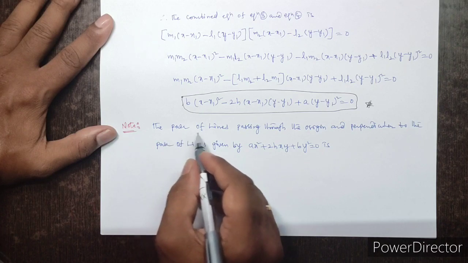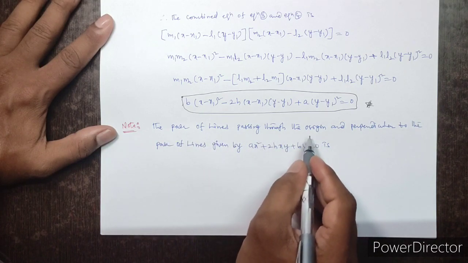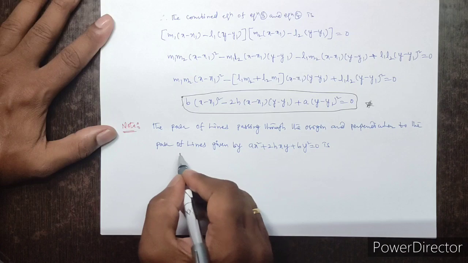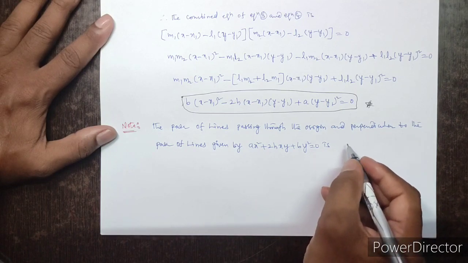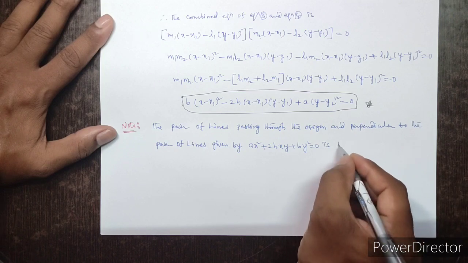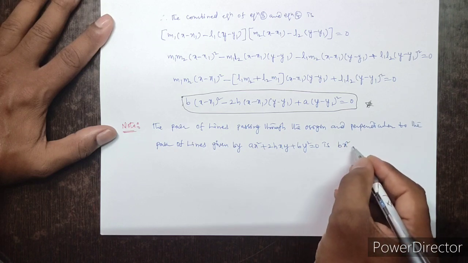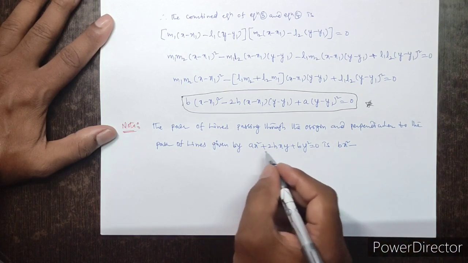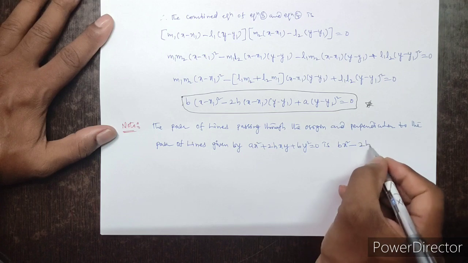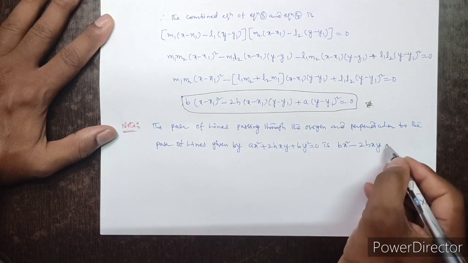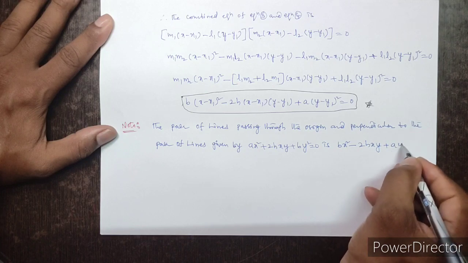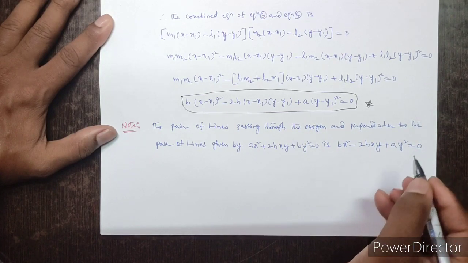This is the pair of lines passing through the origin and perpendicular to the pair of lines given by ax square plus 2hxy plus by square equal to 0, which is bx square minus 2hxy plus ay square equal to 0.